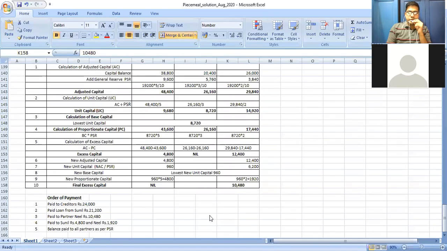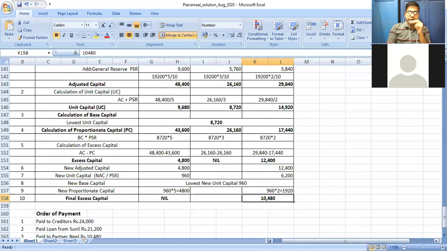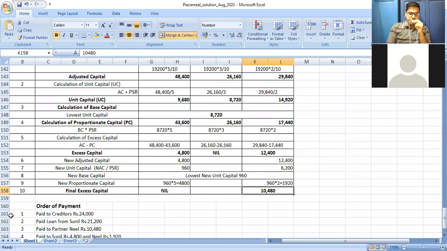Now friends, the order of payment, in that order we have to consider first creditors. So paid to creditors. How much amount we have to pay to the creditors? Rupees 24,000 paid to creditors.